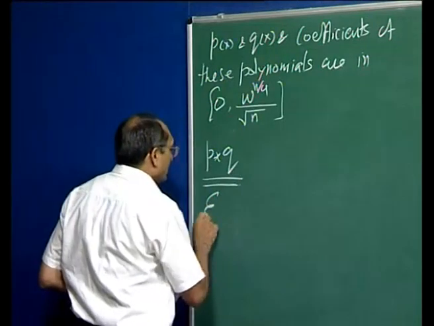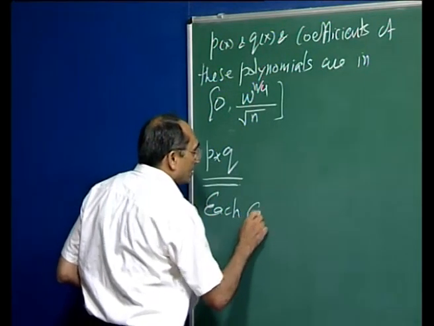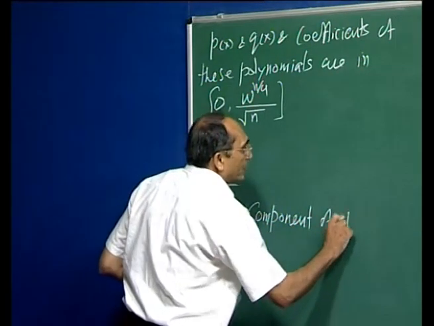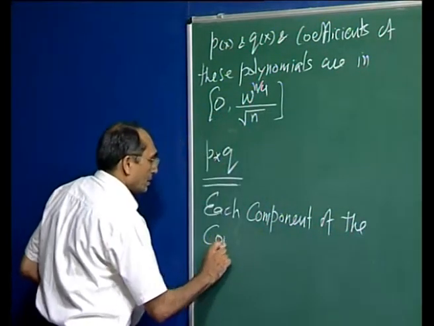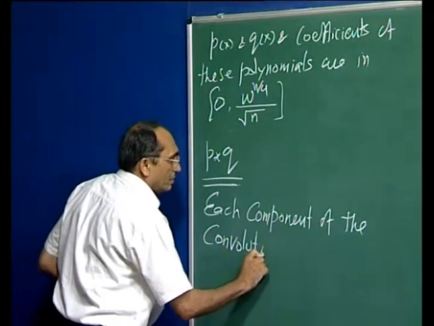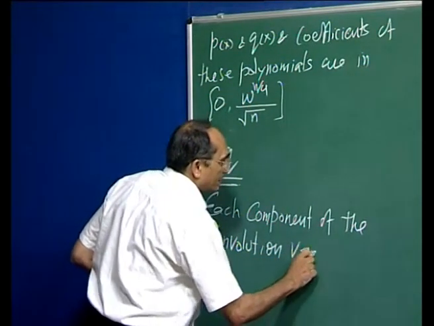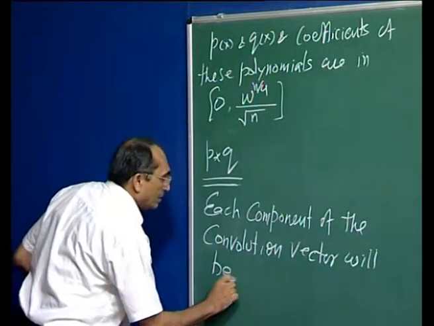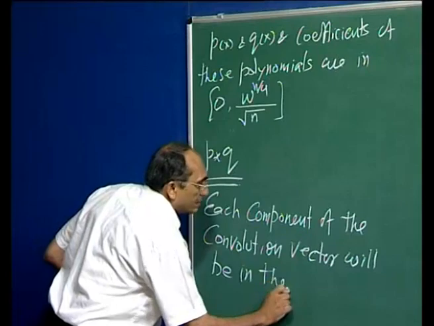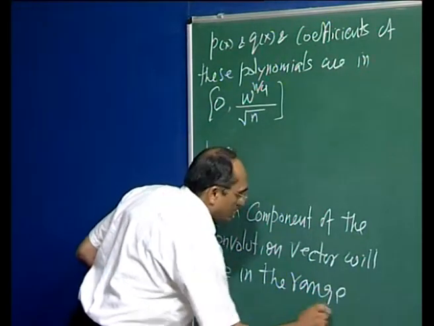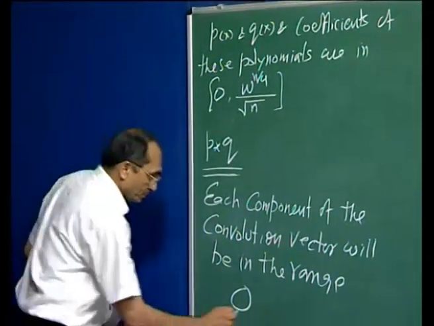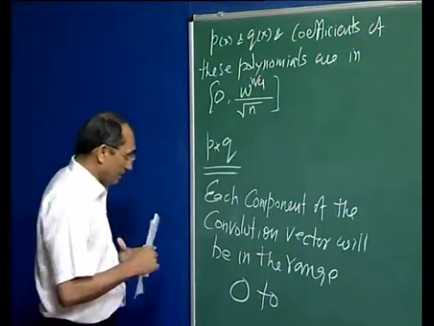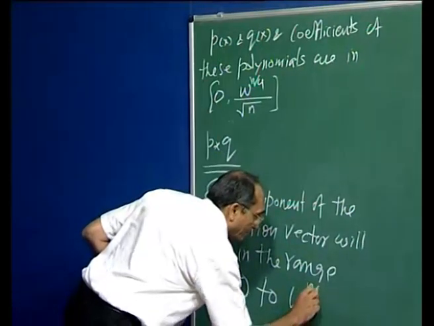So, each component of the convolution vector will be in the range 0 to the square of this times n, and that will be W power n by 2.